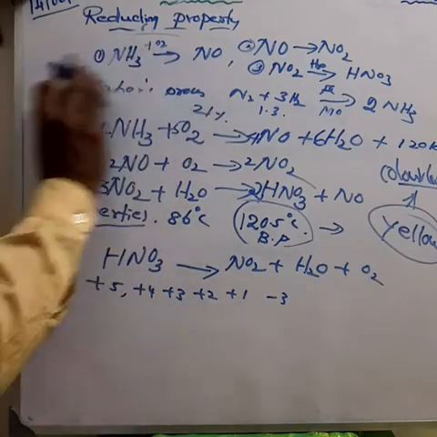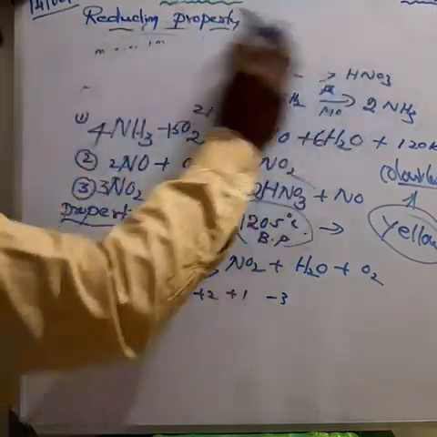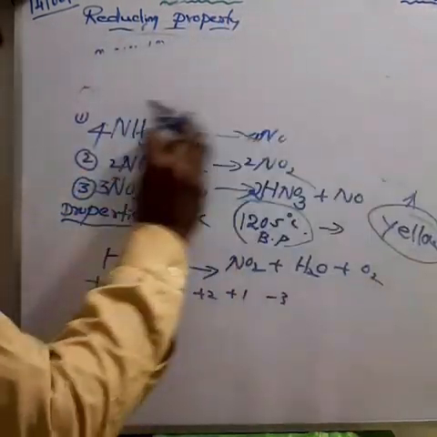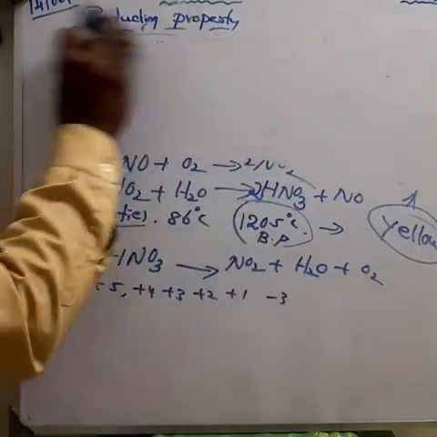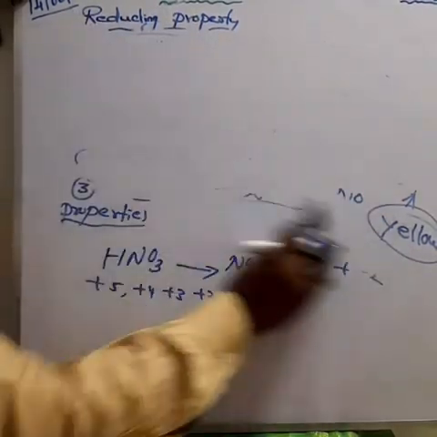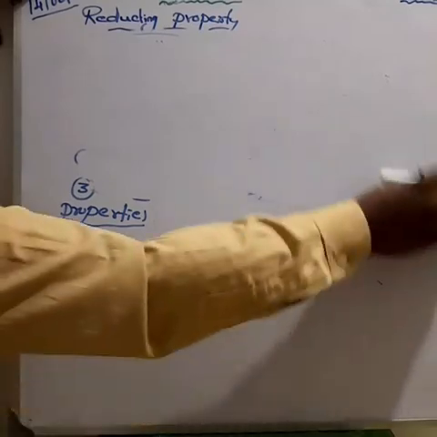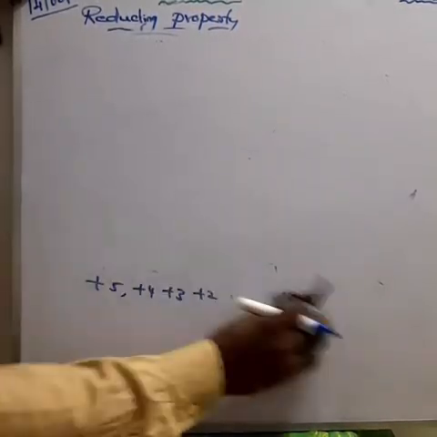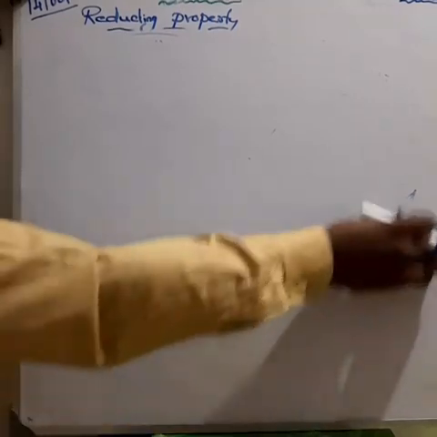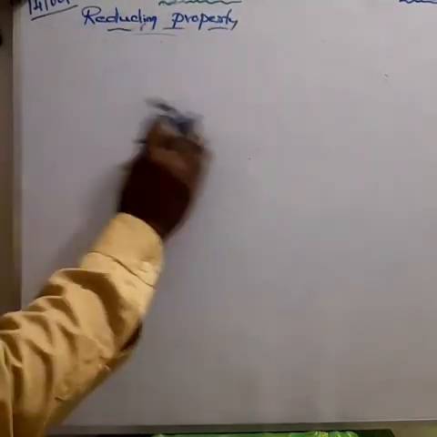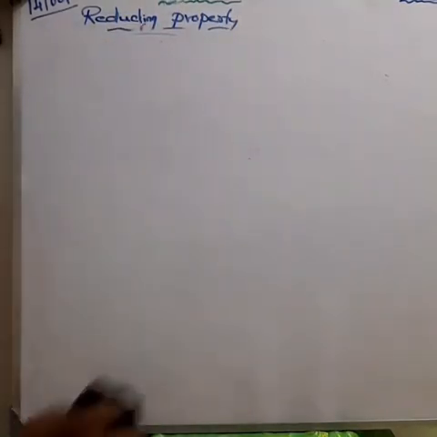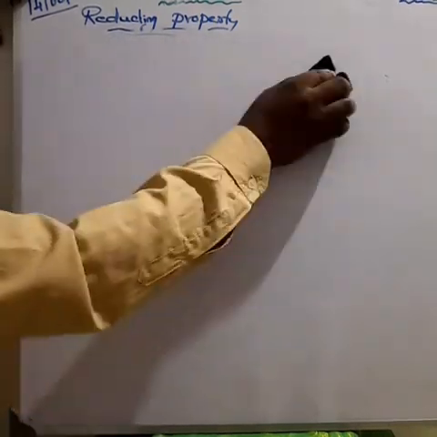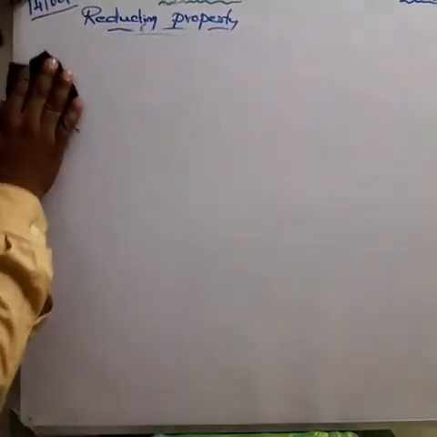Here nitric acid can act as an acid, an oxidizing agent, and a nitrating agent. This is a very, very important point. Nitric acid acts as an acid because we know it is one of the mineral acids. It is an oxidizing agent because nitric oxide, NO, on oxidation we get NO2, we know that one.